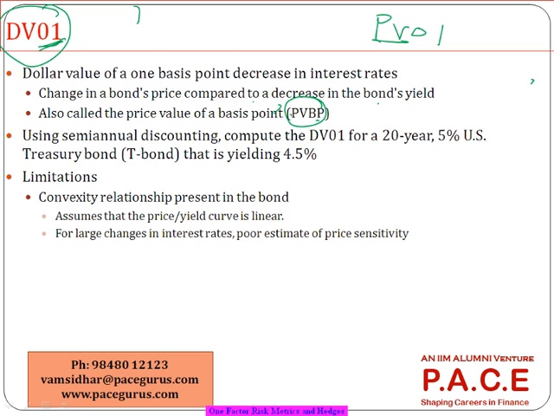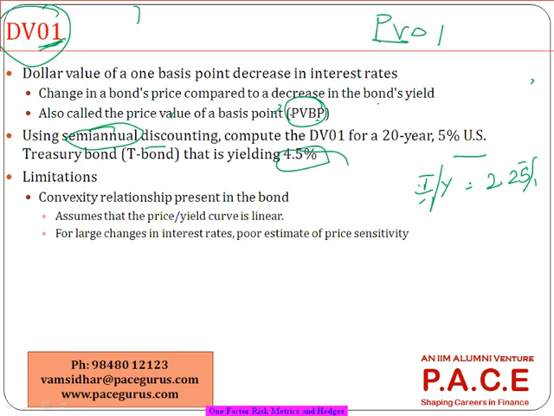For example, using semi-annual discounting, compute the DV01 for a 20-year 5% US Treasury bond that is yielding 4.5%. On my calculator, I can take I/Y as 2.25%, because we are talking about semi-annual discounting.